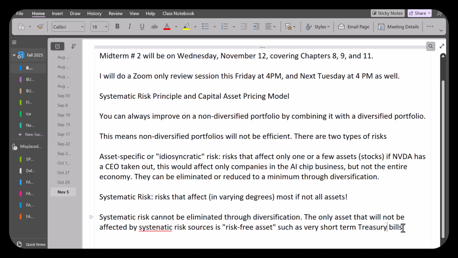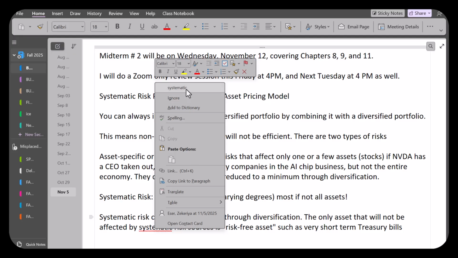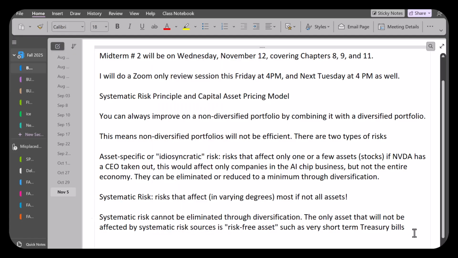I mean, if you got treasury bills that are gonna mature in 3 months, it doesn't affect you too much whether or not the Fed funds rate is higher or lower.